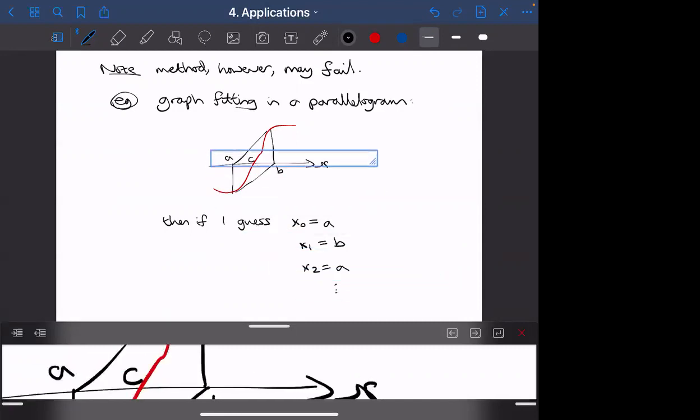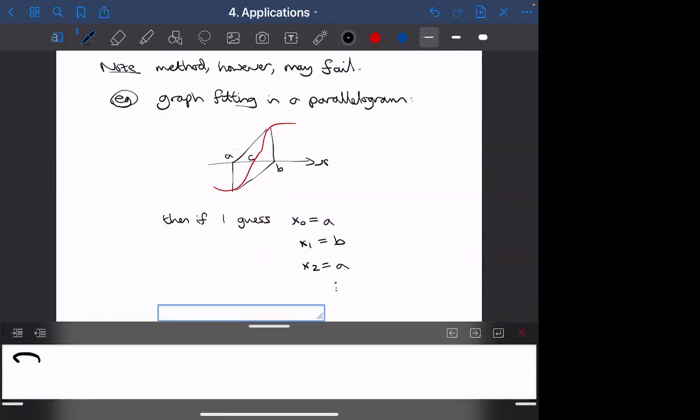So if this is C, we never find the root C.